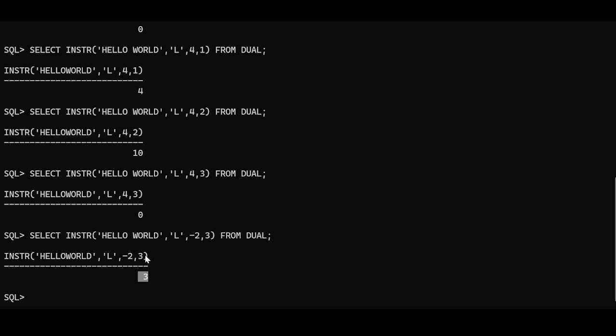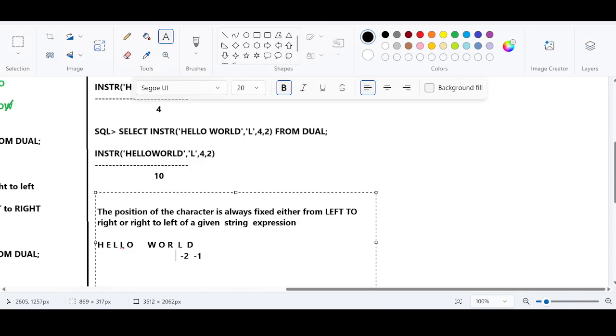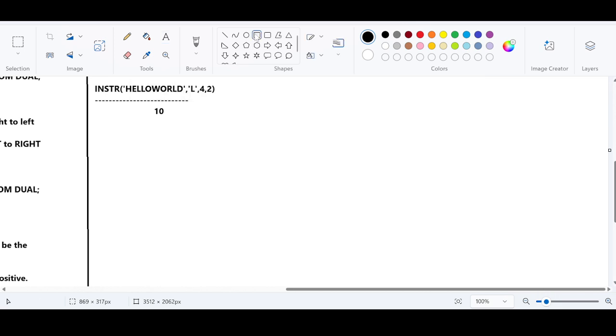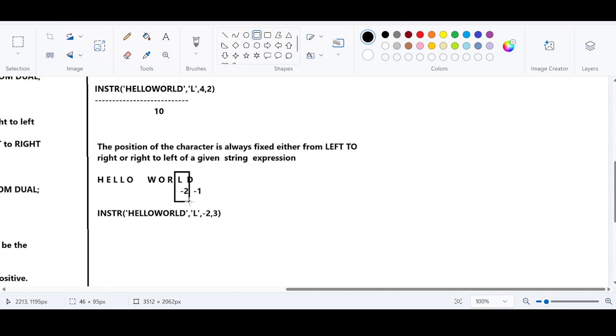Why 3? Let me copy this. Are you able to understand why 3? You are taking the L character, starting from -2. So what is the third occurrence? This is L, this is 1 itself, this is the second occurrence, and this is the third occurrence.